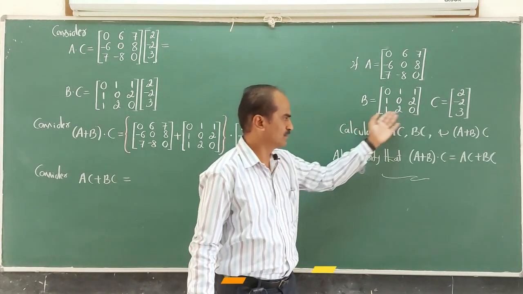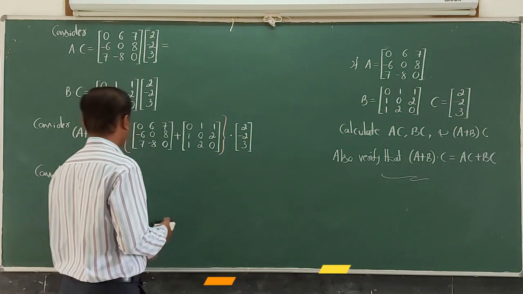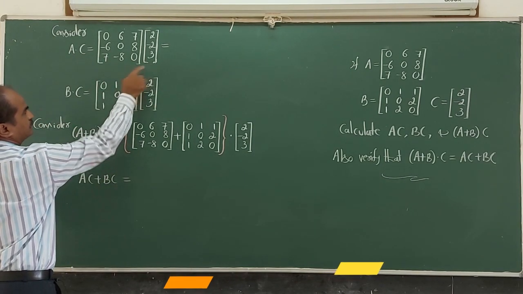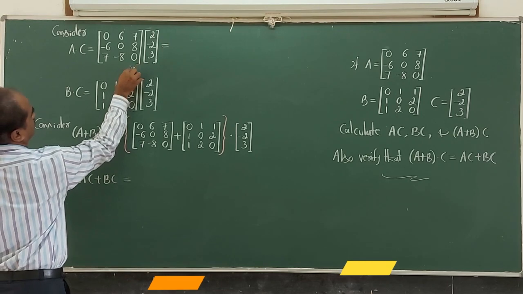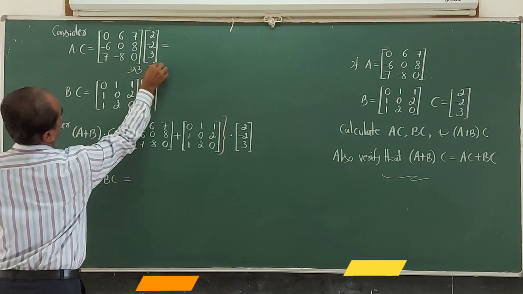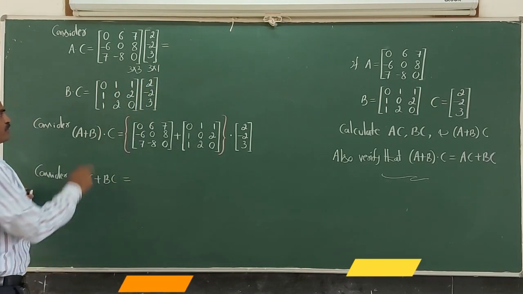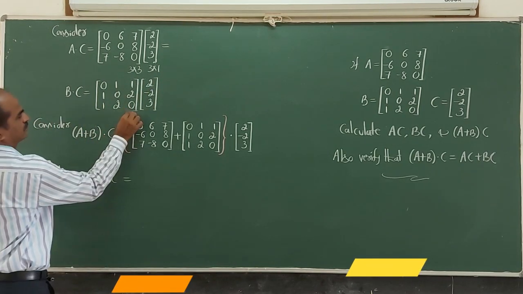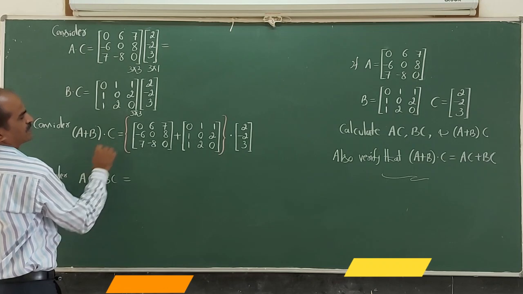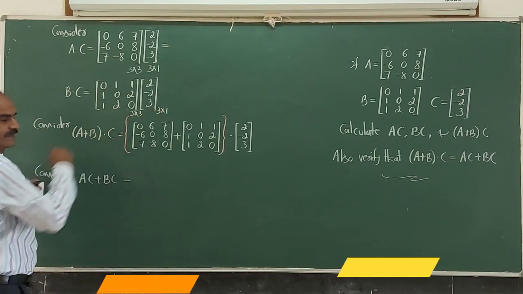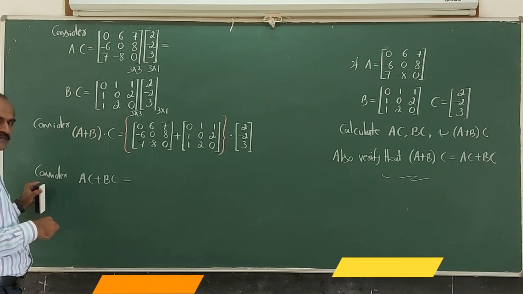Now in order to verify this, first I considered A into C, matrix A, matrix C. Matrix A is of order 3 by 3. Matrix C is of order 3 by 1. Yes, multiplication is defined. Then find BC, B matrix 3 by 3, C matrix 3 by 1. Yes, after multiplying, we are going to get a 3 by 1 matrix.